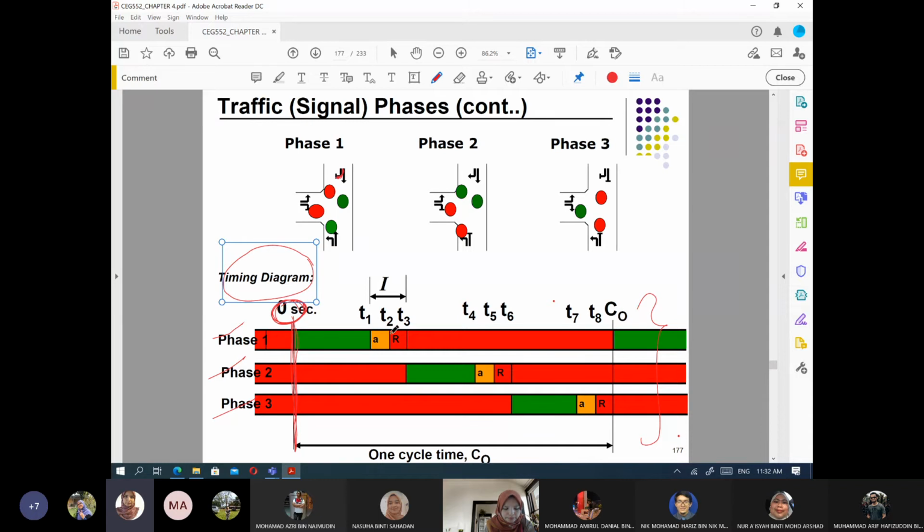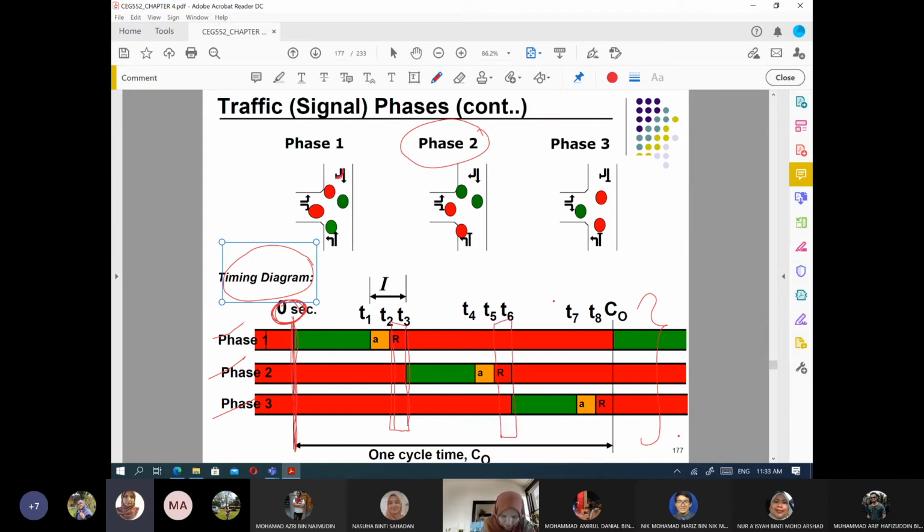Lepas dah habis red, bila dah start red dekat sini, kita akan bagi lampu hijau dekat fasa yang kedua pula. Fasa yang kedua, hijau, kuning, merah. Tapi tengok ada satu portion di sini yang kat sini ni, ketiga-tiga fasa tu merah. Perasan tak?